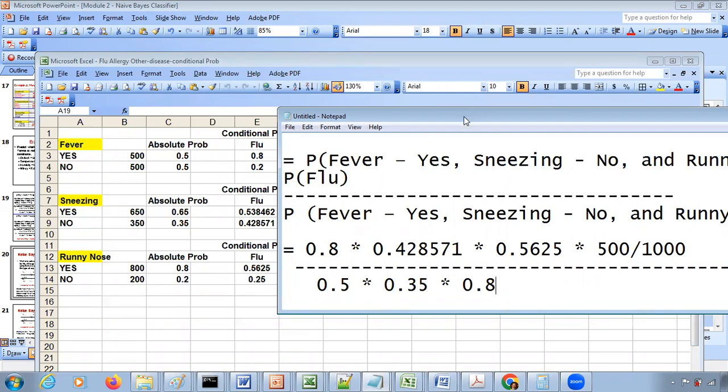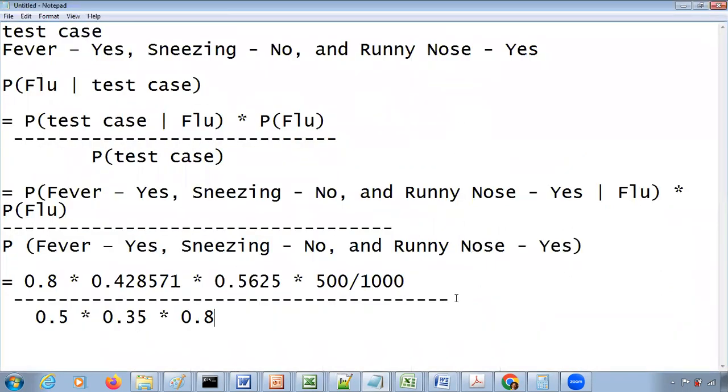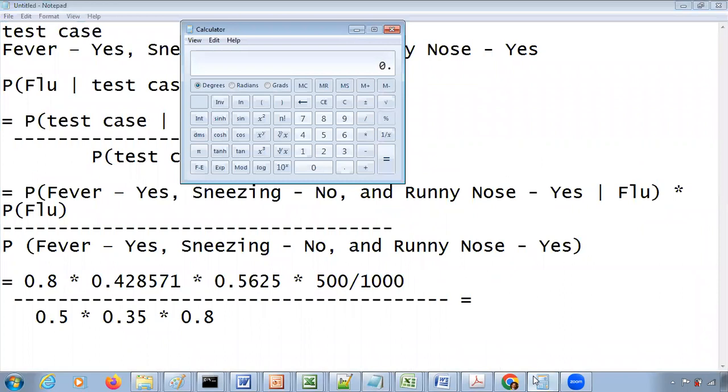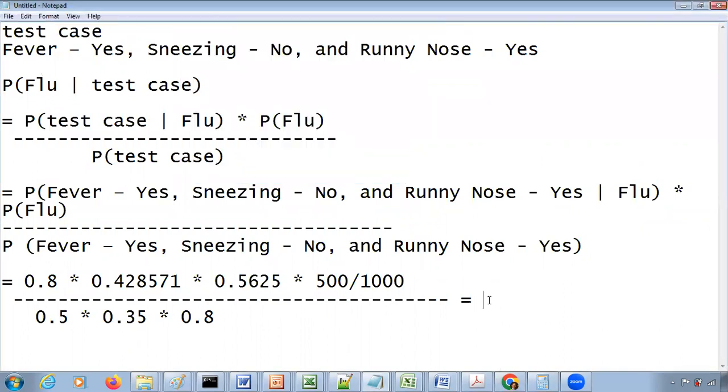Okay, so if you do this math, that's going to be 0.8 times 0.428571 times 0.5625 times 500 divided by 1000, divided by 0.5, divided by 0.35, divided by 0.8, which is 0.6888, something like that.